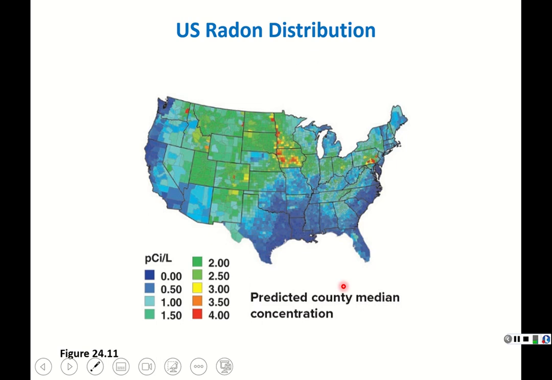This map shows the radon distribution in the country, and you can see that it's fairly high here in Denver. Just kind of a geological anomaly, I guess, having to do with, again, the decay from uranium and thorium in the soil.